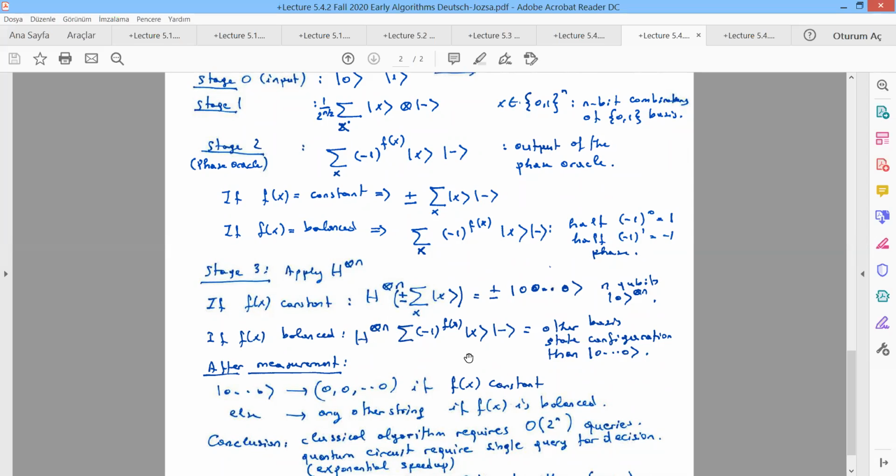This Hadamard transform would correspond to this kind of an output. In that case, we deduce that we have a balanced function: any other string other than 0, 0, 0.